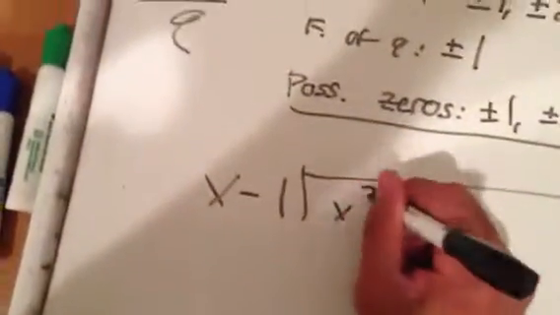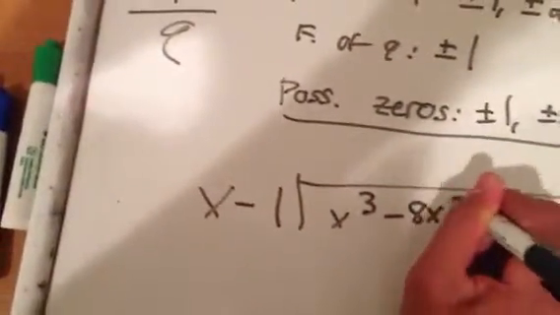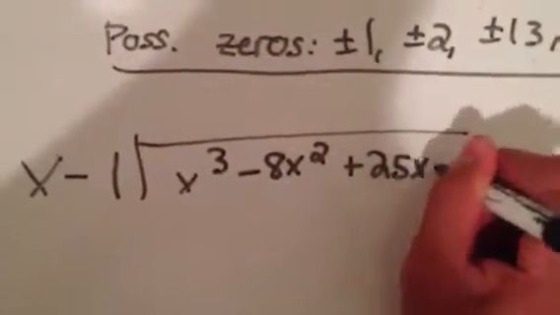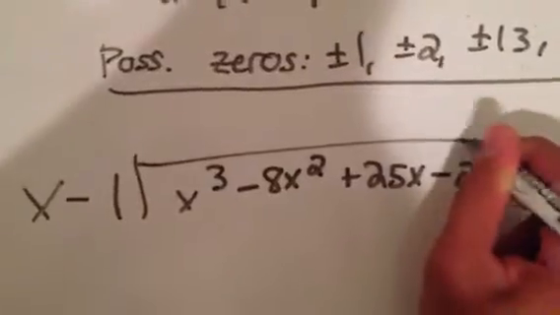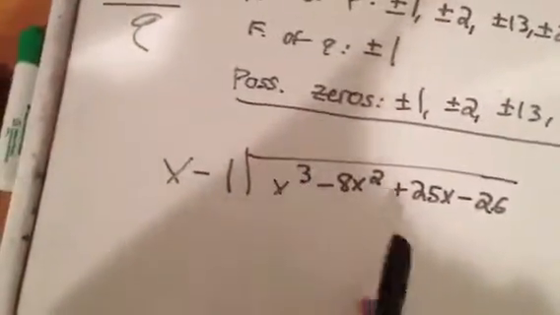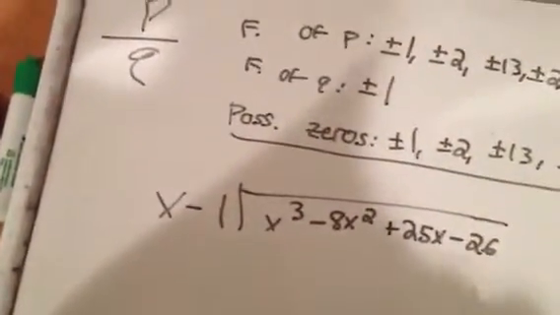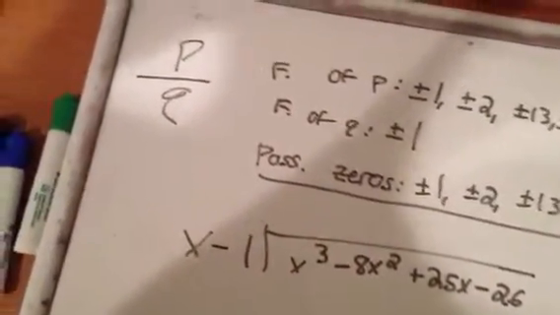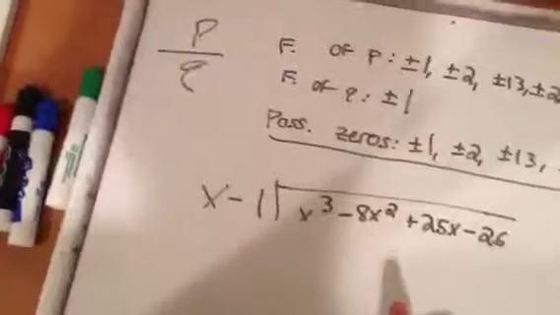And then in here, the dividend, we would write this function, which is x cubed minus 8x squared plus 25x minus 26. So you would have done long division, and then you would have come up with a remainder. Now, if the remainder was 0, then obviously this is a factor of this polynomial. But we're not going to do that.